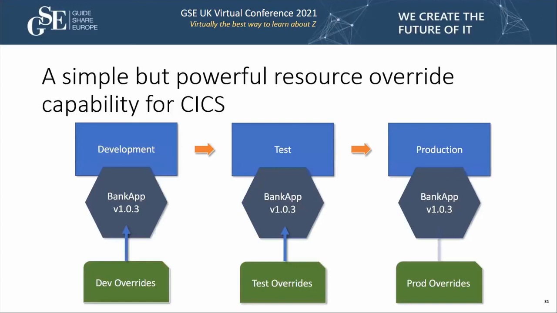We've talked about the pipeline between development, test, and production, and how to take your immutable application between these different stages without having to change the application itself, but by using overrides which are already stored in source code management that you can bring into this configuration. This lets you make changes in your application without actually changing the packaging itself, without having to alter your application, but just by overriding them on a per region basis.